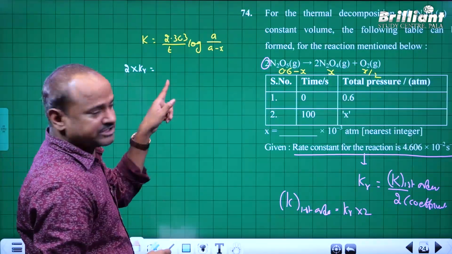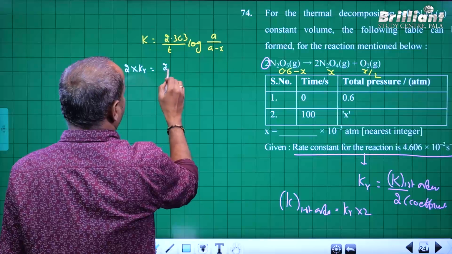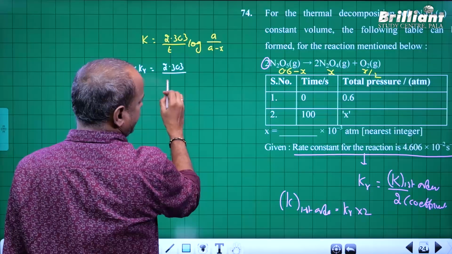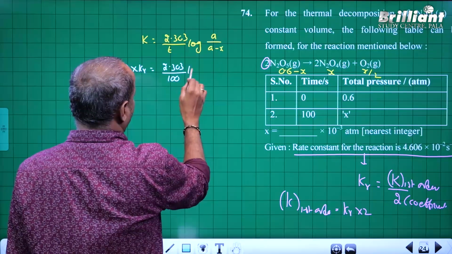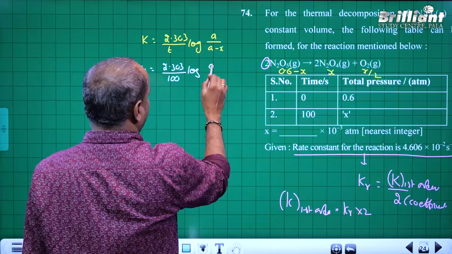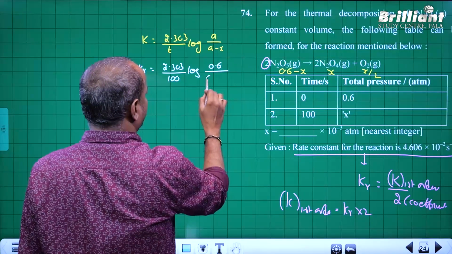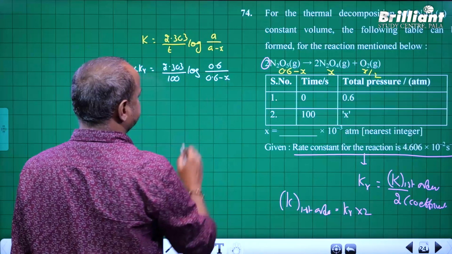Rate constant of the reaction: 2.303 by time 100, log 0.6 by 0.6 minus x.